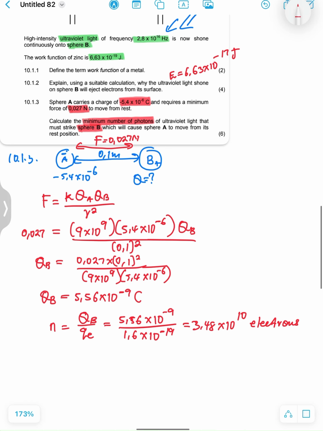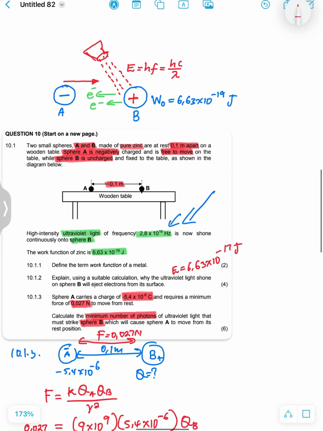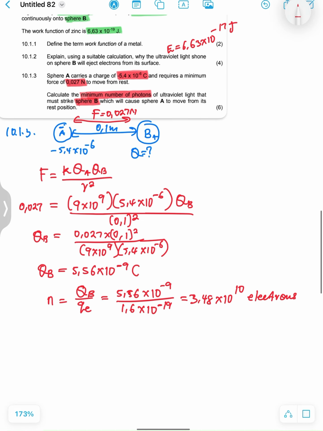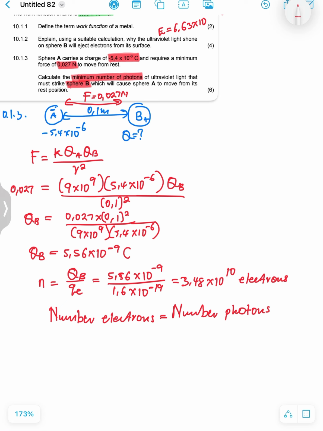We know that each photon from the light source is going to eject one electron. One photon transfers its energy to the electron, and then the electron is ejected. So the number of electrons ejected is equal to the number of photons shone on the metal surface.